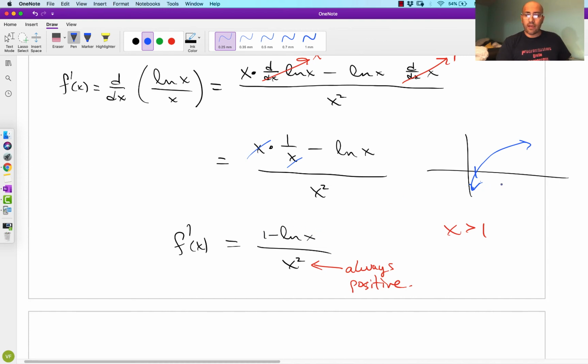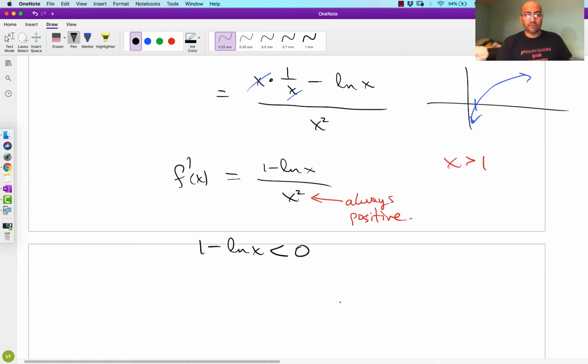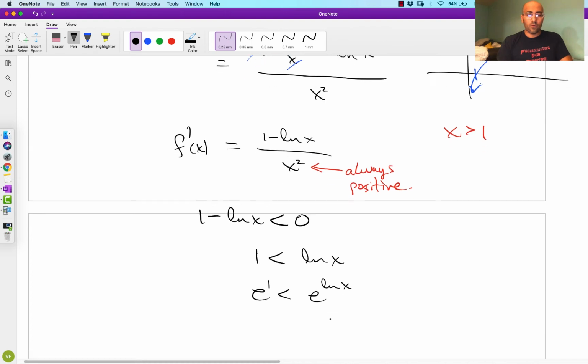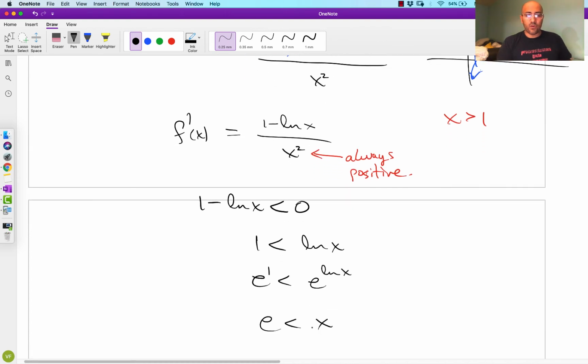So we need to figure out when this is going to be negative. 1 minus ln x is going to be less than 0 for what values of x? That means that 1 is greater than ln x, which means e to the 1 is greater than e to the ln x, or e is greater than x. So x has to be greater than e. That's what this is saying.